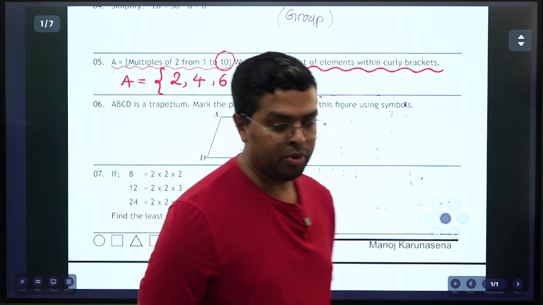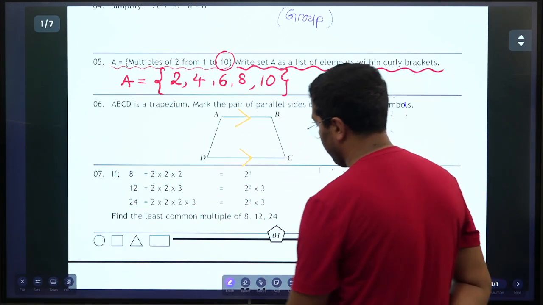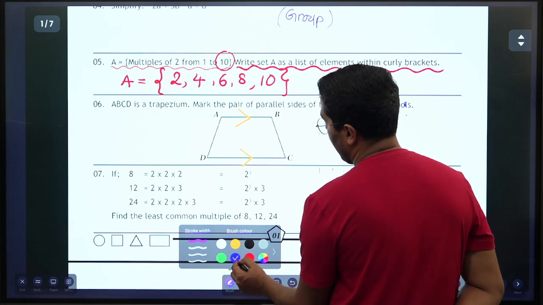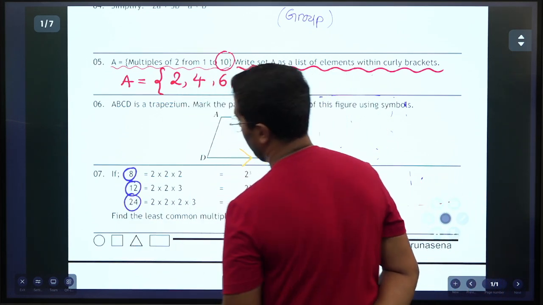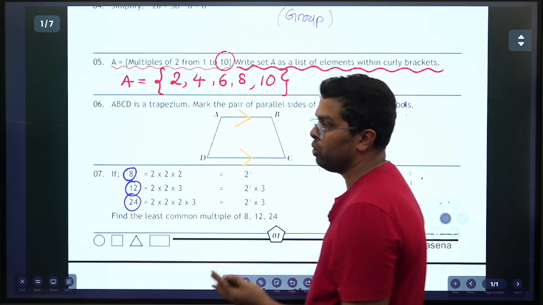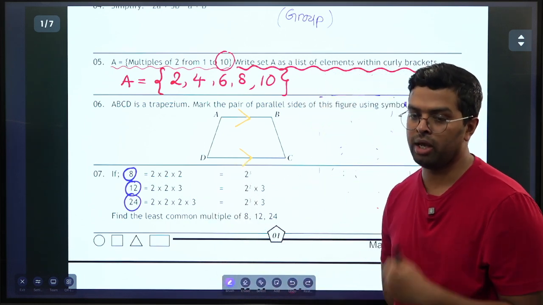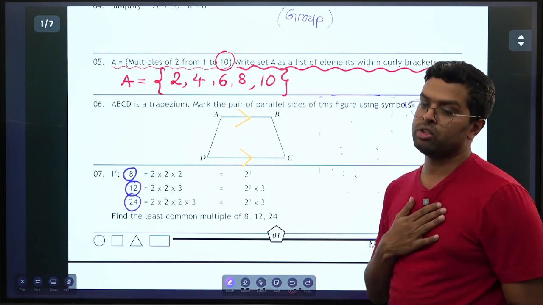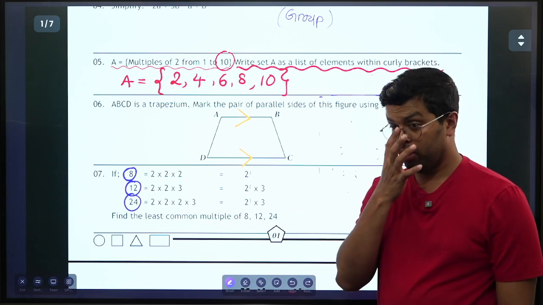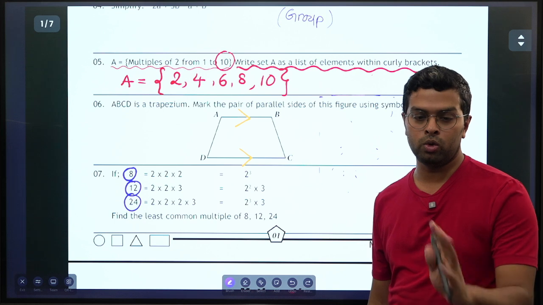Okay. Kids, moving on. We have been given some numbers: 8, 12 and 24. 8 equals 2 into 2 into 2. 2 times 2 times 2 gives you 8. 12 equals 2 into 2 into 3.